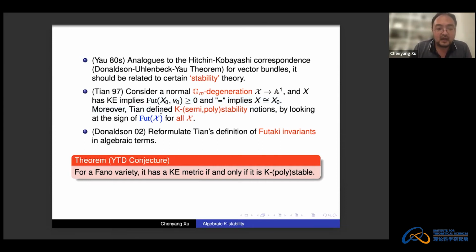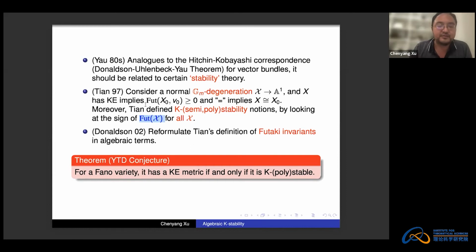But in Tian's definition, the original Futaki invariant was an analytic definition, and in 2002, Donaldson reformulated Tian's definition of the Futaki invariant using algebraic terms. Here, what I write in red is the algebraic term, and blue is the analytic term, on this page.